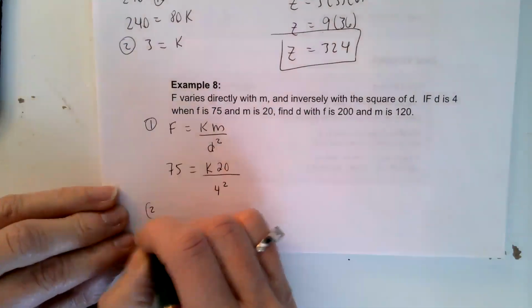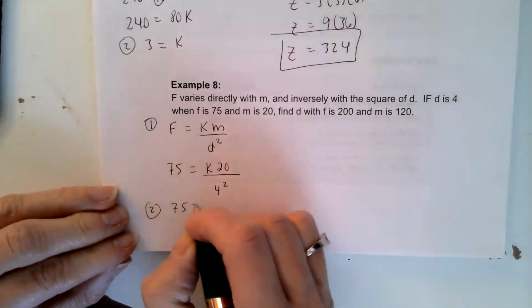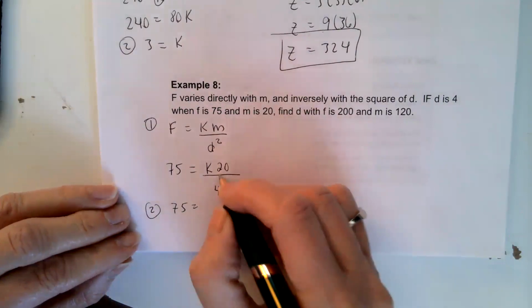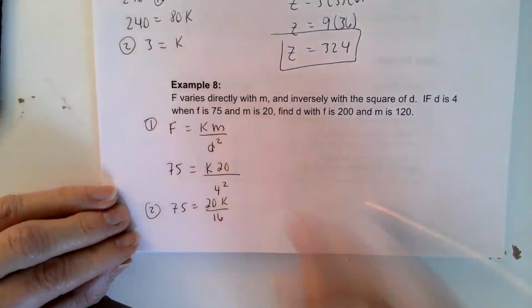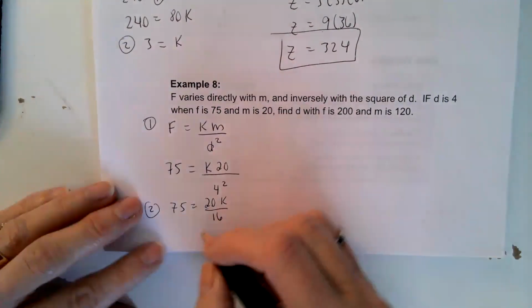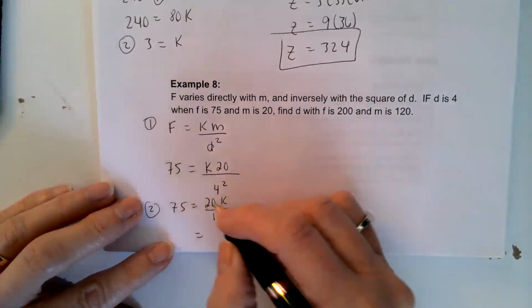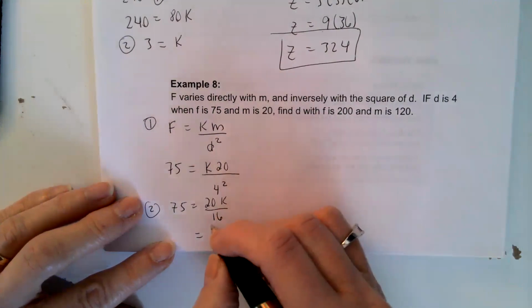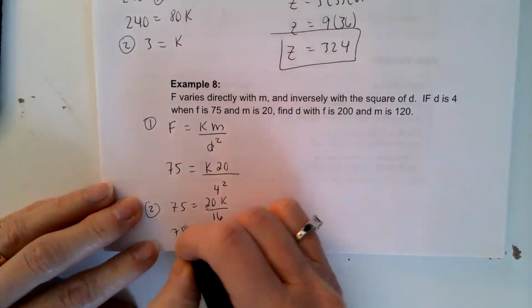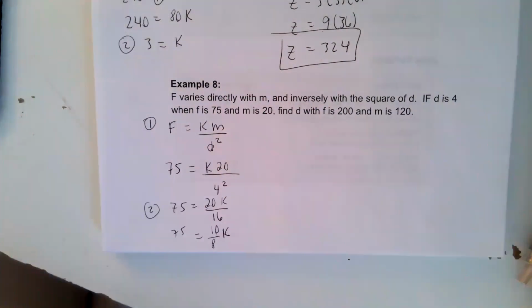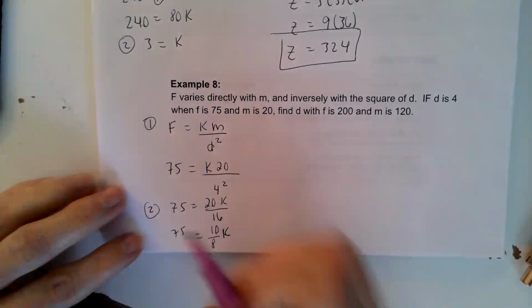So let's go ahead and find k. 20 divided by 16. And we can reduce that by 2, so that'd be 10/8. Okay. So I'm going to multiply both sides by 8/10.